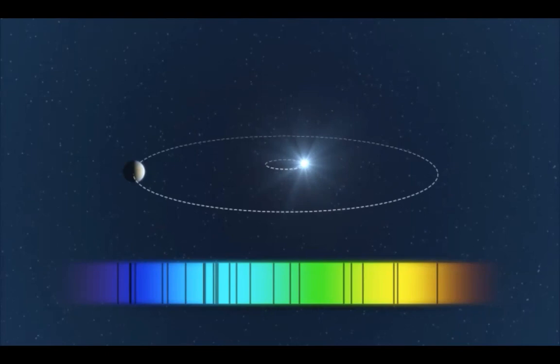The planet has mass, so it offsets the center of mass slightly from the star. Now, not very much, because the star tends to be so much more massive than the planet. It's often true that the center of mass of the system is still inside the star, but it's not at the center of the star. So the star does conduct its own little orbit.